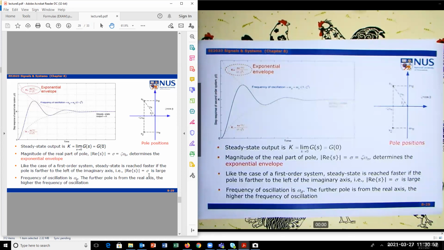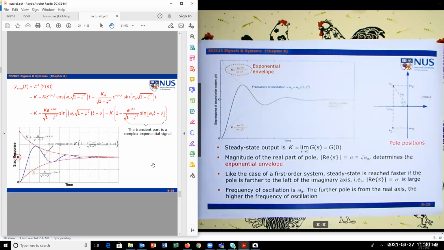If you look at the formula over here, this is the formula of y(t). You can see that it has a sine wave whose angular frequency is omega d, which is the blue curve here. But the amplitude of this sine wave is influenced by this term here.